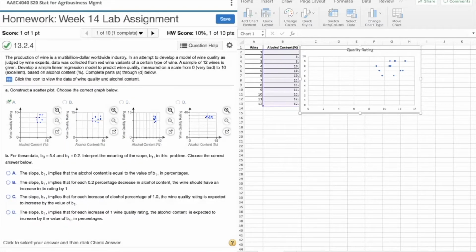Then in part B, how do we interpret the meaning of the slope B1? B1 implies that for each increase of alcohol percentage of 1, the wine quality rating is expected to increase by the value of B1, which is equal to 0.2. So we choose C here.